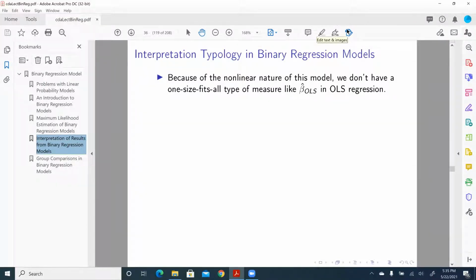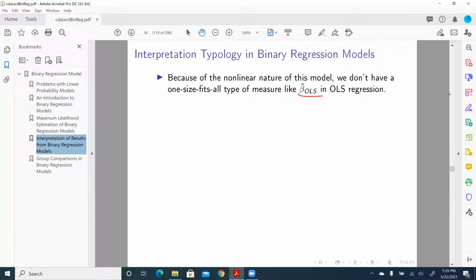This lecture discusses how to interpret results from binary regression models. Because of the nonlinear nature of this model, we don't have a one-size-fits-all type of measure like the OLS estimator in OLS regression.